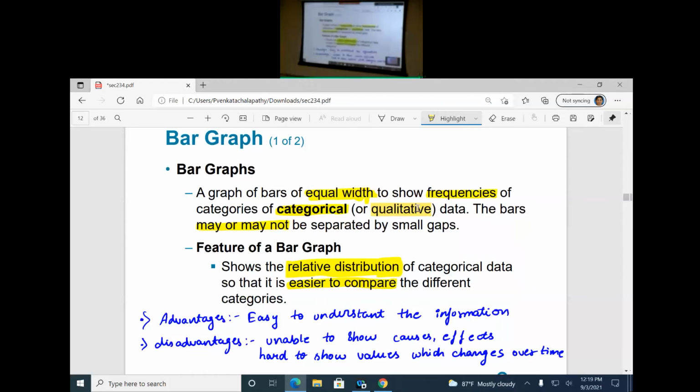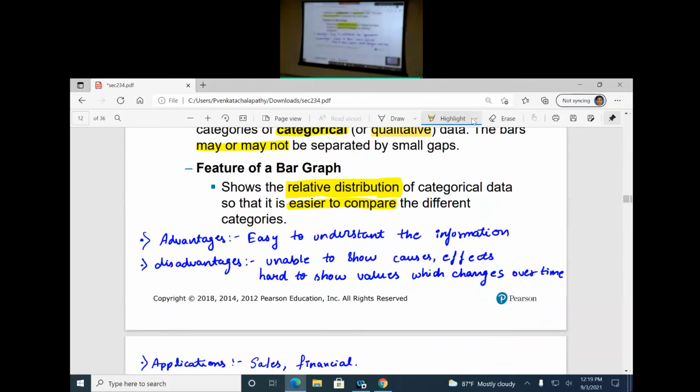Bar graph is for qualitative data. So advantage is that it is easy to understand the information. Disadvantage is that it is unable to show some patterns or the effects which happen over the time. So that's the main disadvantage of the bar graph.